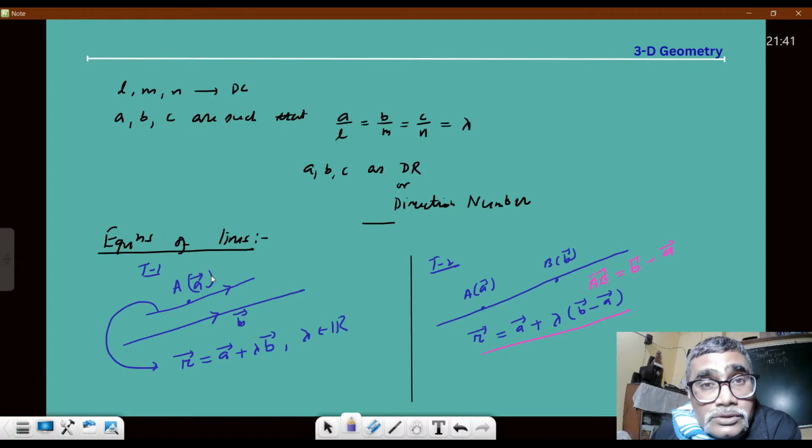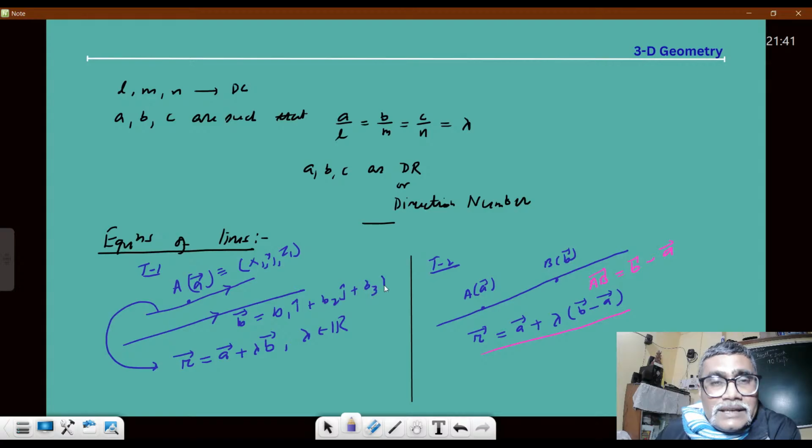Now I need to remember them in the Cartesian format also. So this point in Cartesian format, I can write the coordinates as x1, y1, z1. And these vectors I can write in terms of their components, that is b1 i cap, b2 j cap, and b3 k cap.